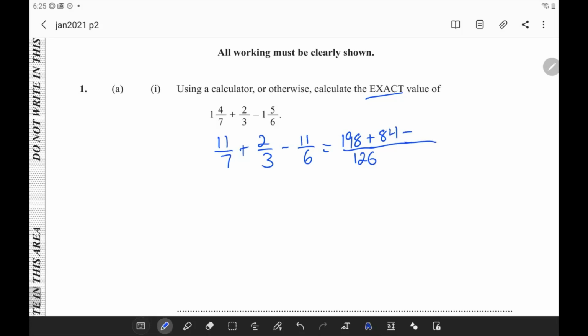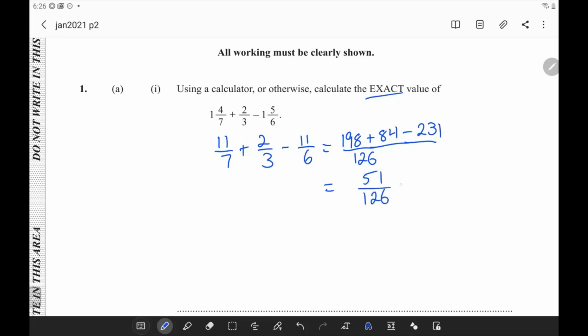And 6 into 126 is 21. 11 by 21 is 231. Simplifying this, we have 198 plus 84 minus 231. That is 51 over 126.